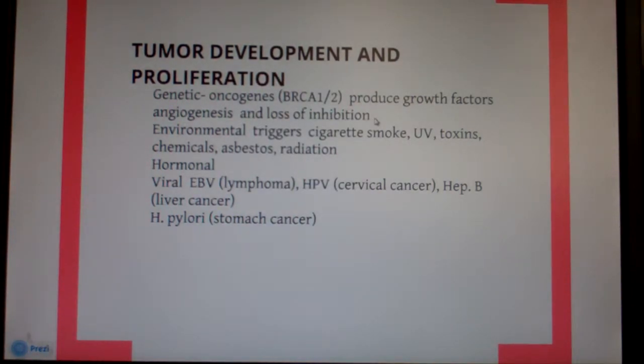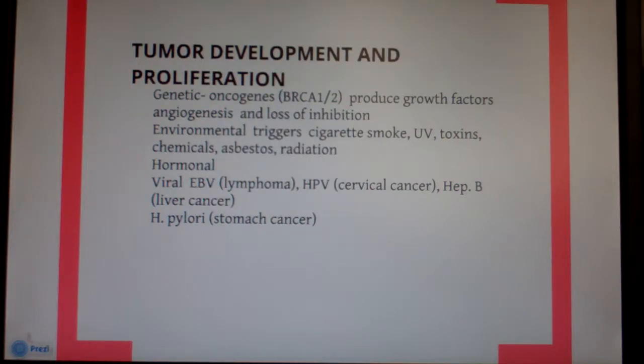Now you have a lot of different triggers that will kick these genetic oncogenes in, and you can see them listed here. Obviously cigarette smoke, we know that, right? Ultraviolet light, as in skin cancer, sun, toxins, chemicals, asbestos, radiation, of course. These are pretty commonly known, I would think. Hormonal is another trigger.